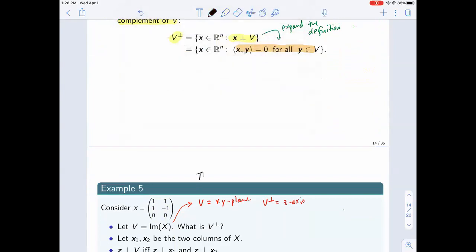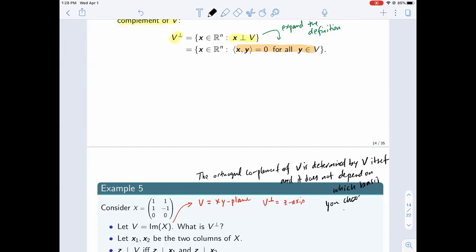So the orthogonal complement of V is determined by V itself and does not depend on which basis you choose for V. Okay.